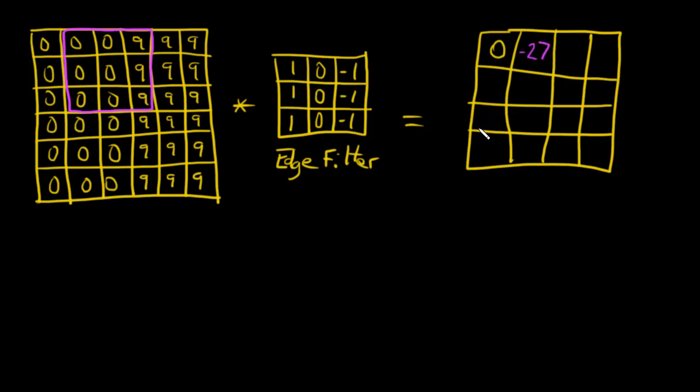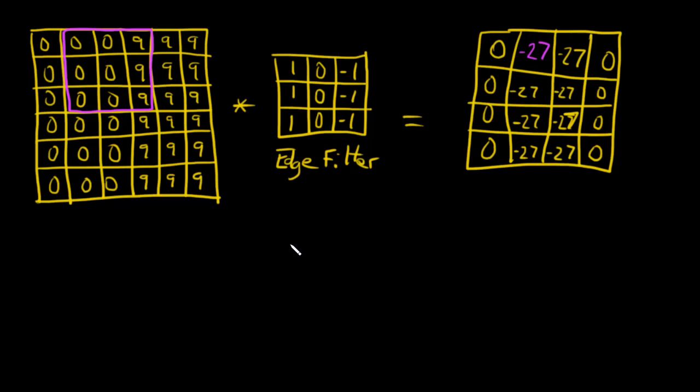Okay, and if I continue to fill this out, I'm going to wind up with negative 27, 0, 0, negative 27, negative 27, 0, 0, negative 27, negative 27, 0, 0, negative 27, negative 27, 0. That's a 7. Alrighty, so what changed?